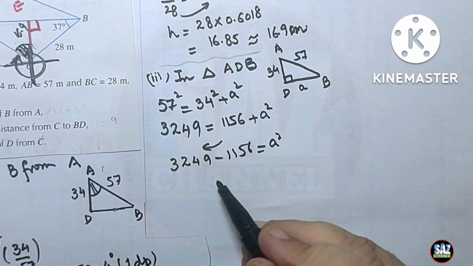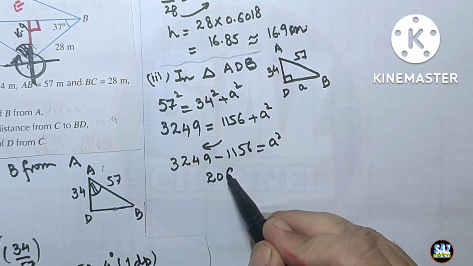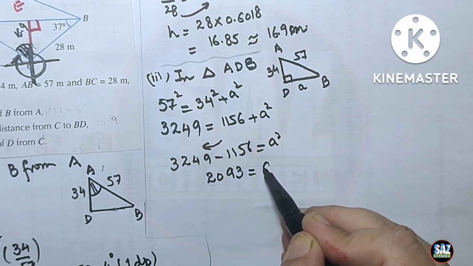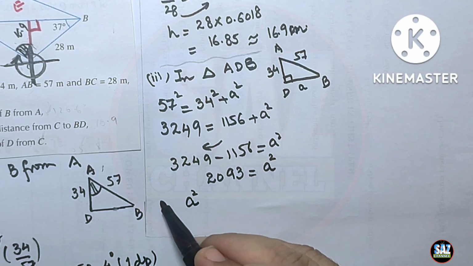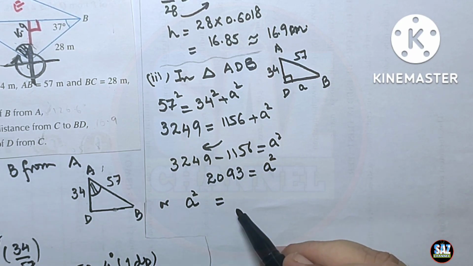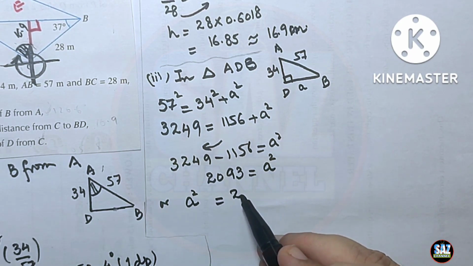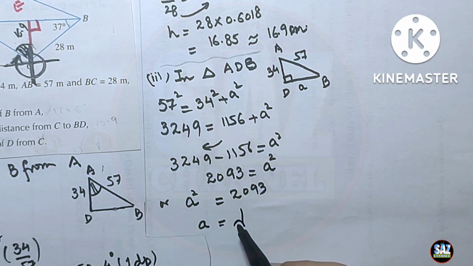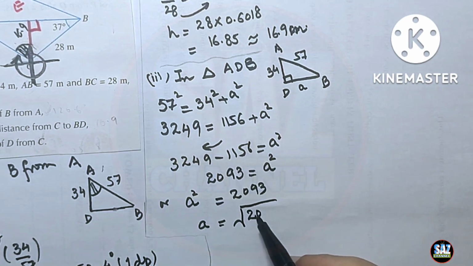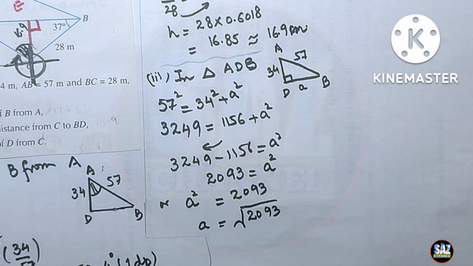2093, which is equal to a square. And now in order to get the value of length a, that is 2093, what I have to do, students, is take the square root of this. Try to show and perform all steps if you want to secure good marks.